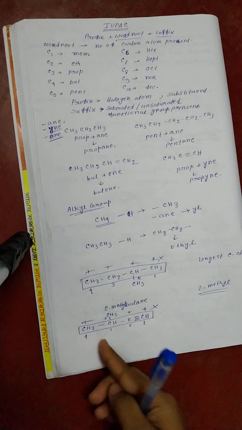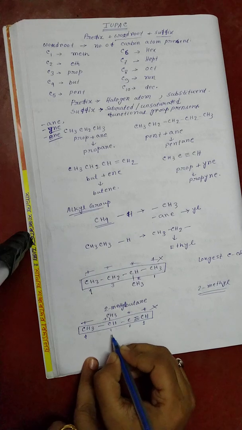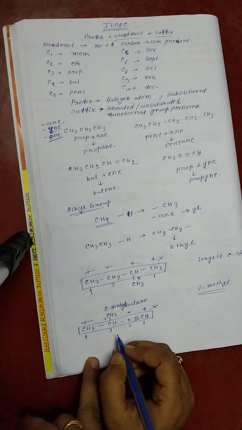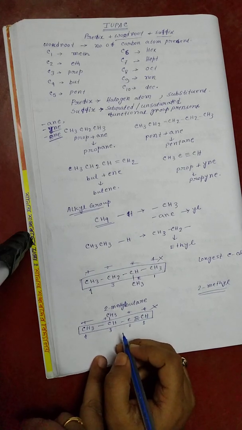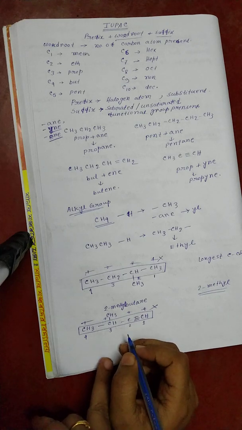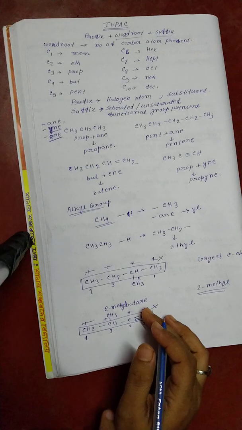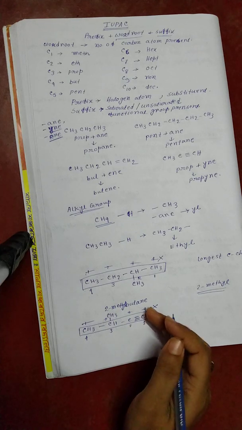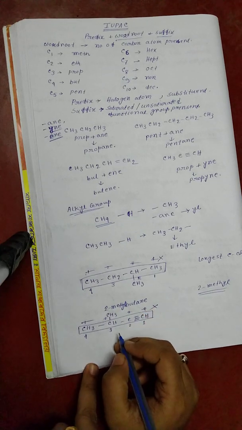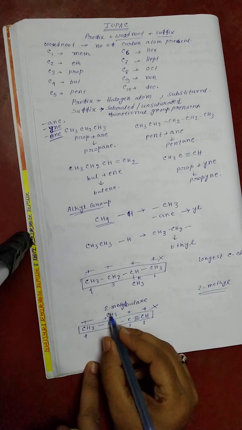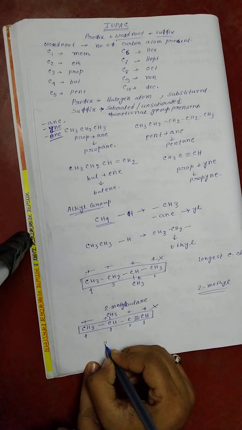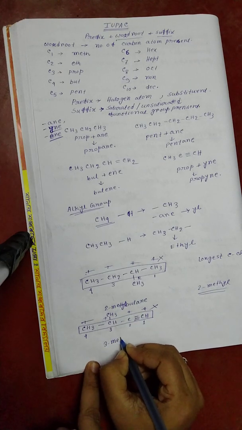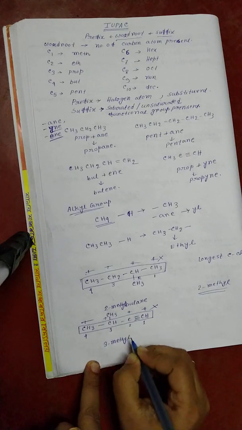We must write the substituent with the number of the carbon atom as prefix. Then we write the double or triple bond as suffix, and we also write its position by numbering the carbon atom. So the substituent at 3 is 3-methyl.